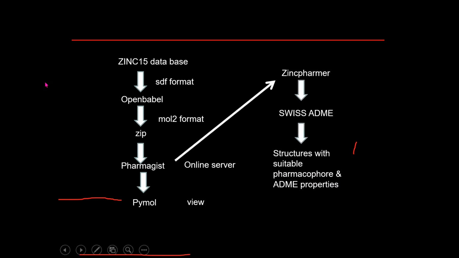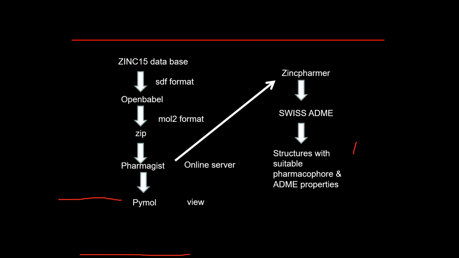Using some other server called ZincPharmer. ZincPharmer gives you an idea. It will search the ZINC database and try to find molecules with this particular pharmacophore feature. In this particular case, we are looking at 3 acceptors and 1 hydrophobic group. Correct?